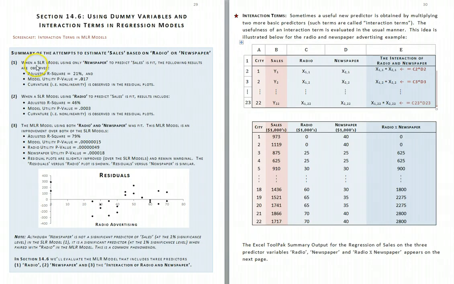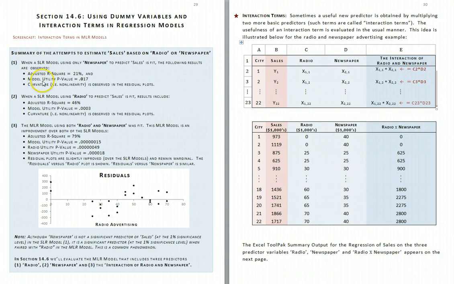We first fit the simple linear regression model that used only newspaper advertising expense to predict sales. We obtained an adjusted R-squared value of 21%. 21% of the variability in sales was explained by newspaper advertising expense.